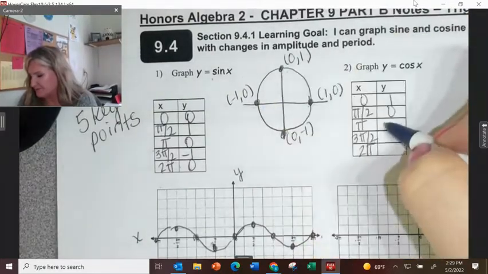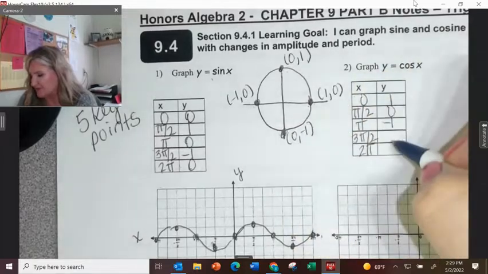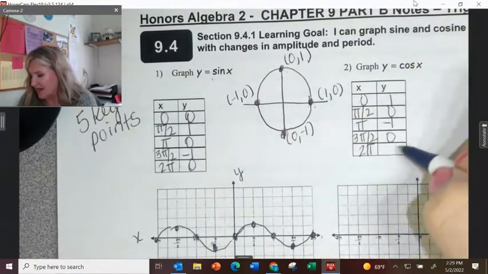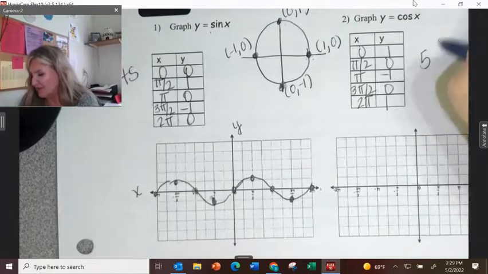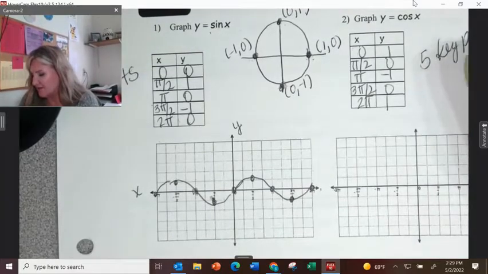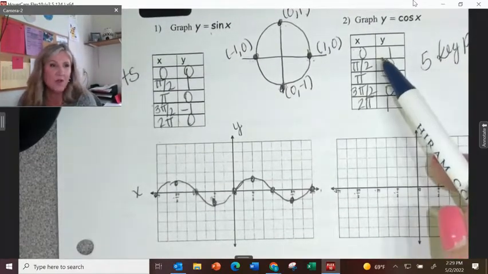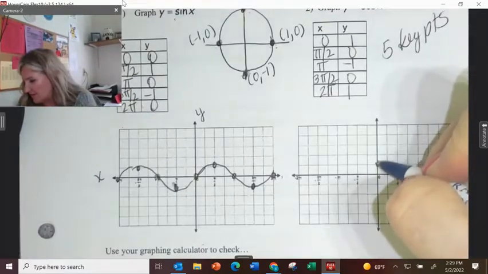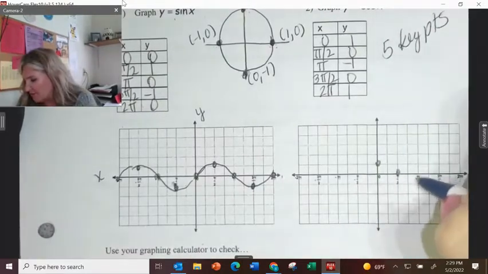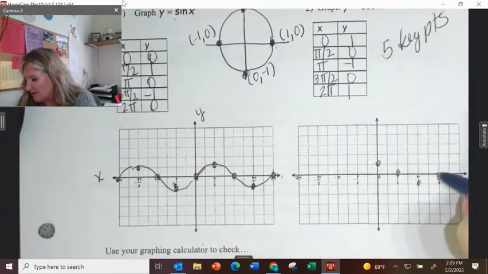At pi, at 3 pi over 2, and at 2 pi, 1. Okay, so these are called the 5 key points for cosine. It helps us to understand what one period of the graph looks like. So at 0, we're at 1. Pi over 2, we're at 0. Pi, we're at -1. 0, 1.